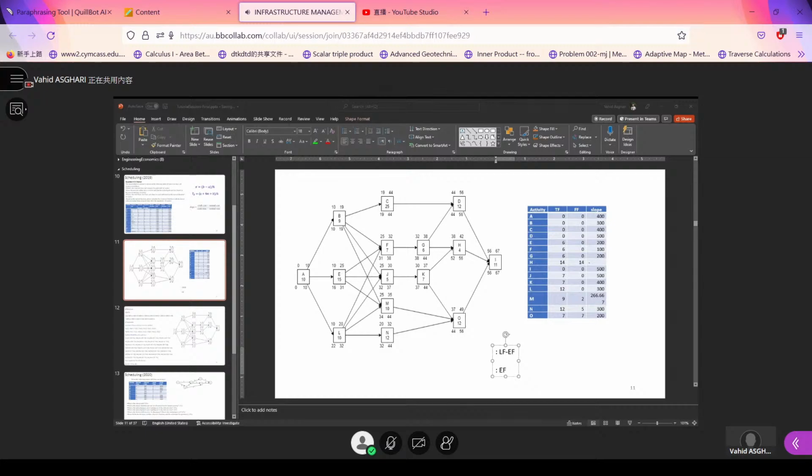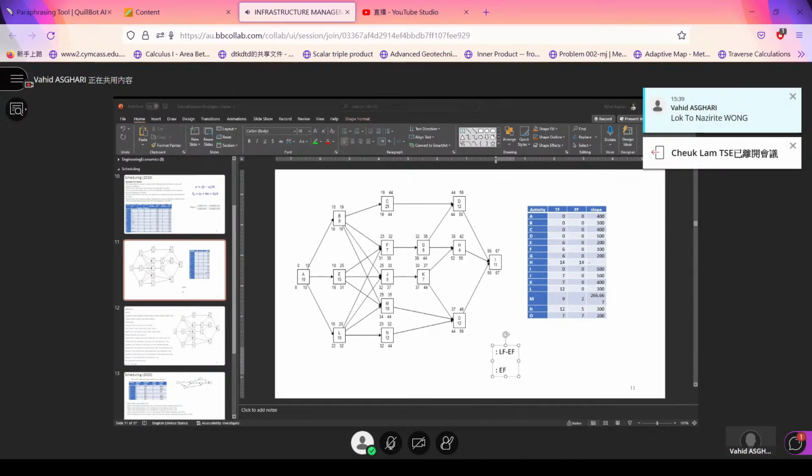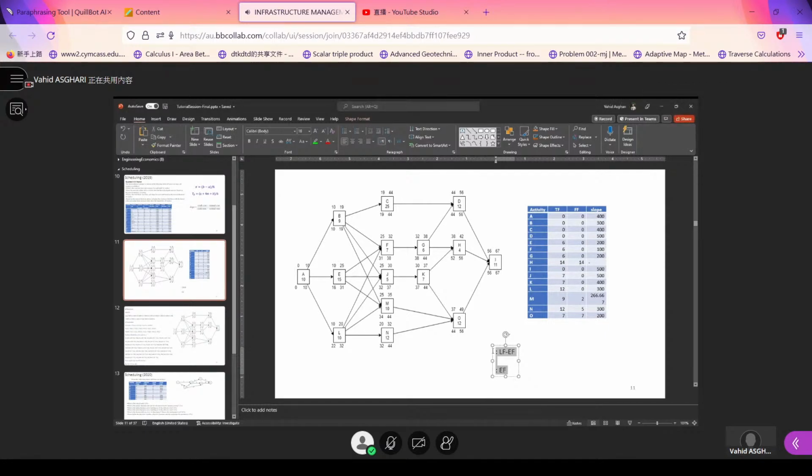I'm going to ask someone to open up the microphone. Look to Nazirite Wong. Can you please turn on your microphone and tell me what the difference is between total float and free float?